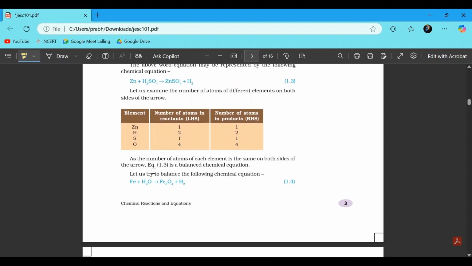Okay. Let's try another example. What happens when iron reacts with water, meaning in the presence of water, like humidity, when you keep it? Fe plus H2O reacts to give Fe3O4 plus H2.